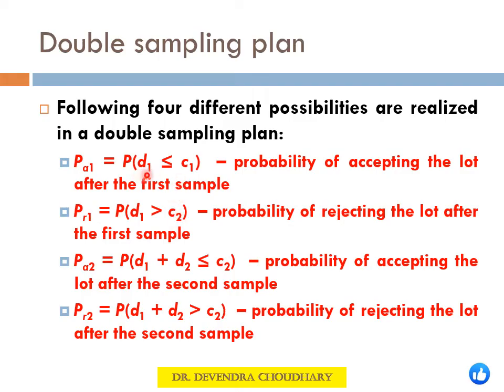If defectives in the first sample are less than or equal to acceptance number C1, we accept the entire lot.